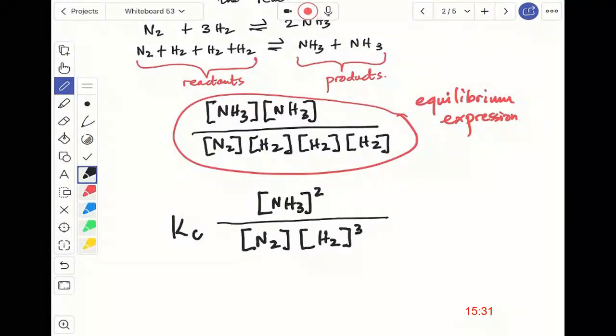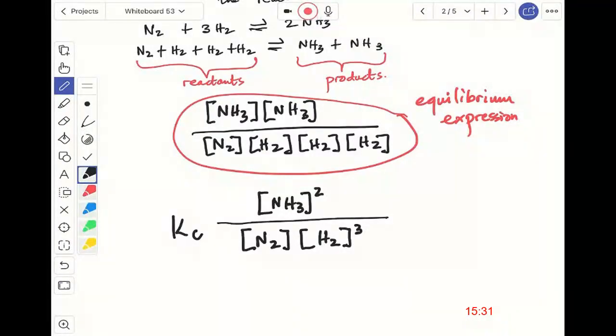If I look at it, I'm basically looking at how much products I have at equilibrium in relation to reactants.